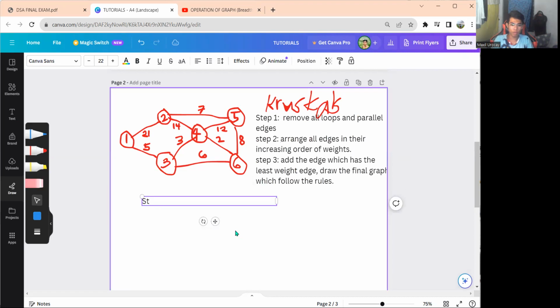So from there, 1 to 2, like this, then put the value equals to 21. Like that, from increasing order.